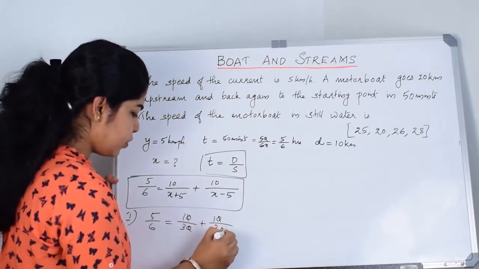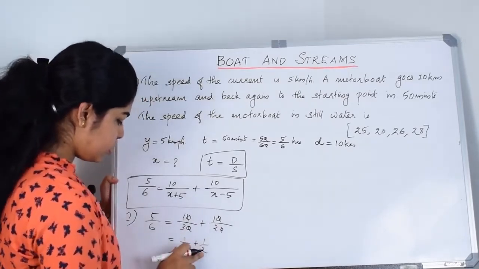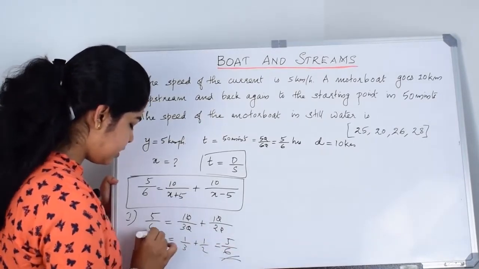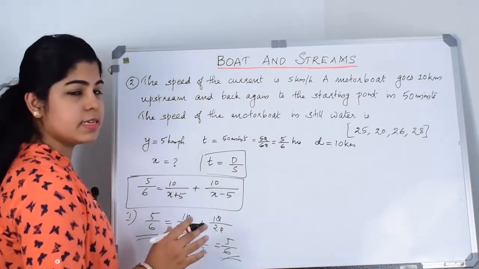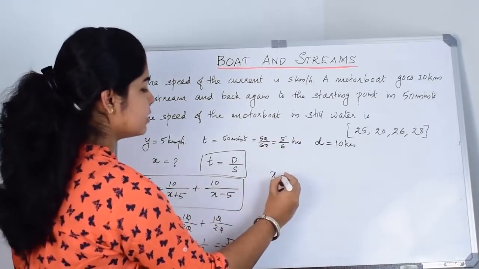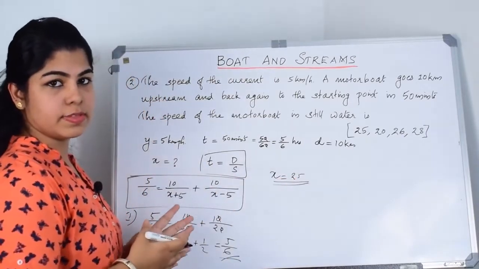So here you will get 1 by 3 plus 1 by 2. By calculating this you will get 5 by 6. See? So the first case will satisfy in our equation. So our answer is x is equal to 25. This way you can solve these type of questions easily.